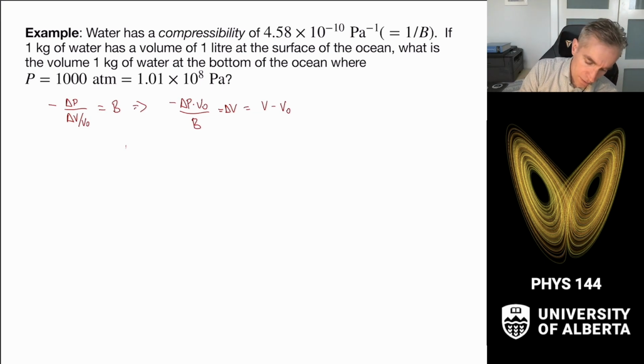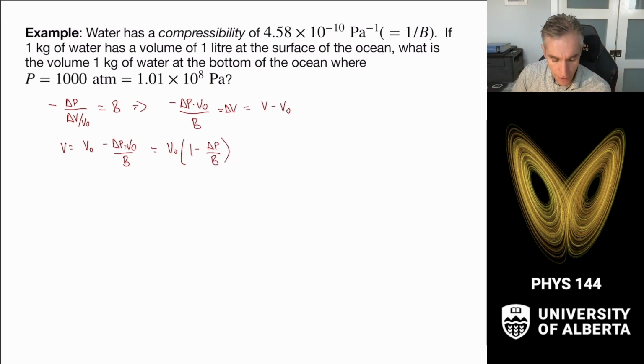And then I will solve that by moving the original volume over to the other side. So I get that V is equal to V naught minus delta P V naught over the bulk modulus. And then I'll factor out the V naught to get 1 minus delta P over the bulk modulus.